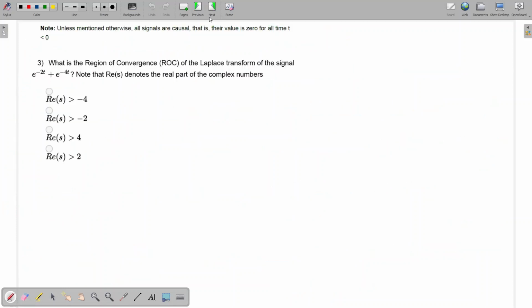So this is the first question based on these concepts. At the top, the same statement is mentioned: all signals are causal. So if causal, what will be the ROC? The signal is e to the power minus 2t plus e to the power minus 4t, into u of t.